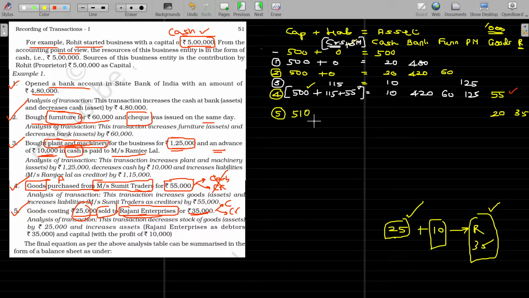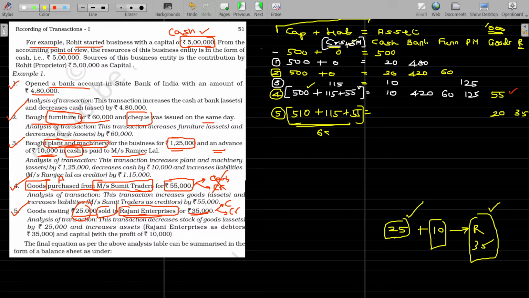Owner's capital is increased, plus the amount payable to the creditor from whom we have purchased the asset is 115. There is no change, and then Sumit, the trader, remains the same, 55. Okay, the total of the capital and liabilities put together, the liability side, is how much? 680.